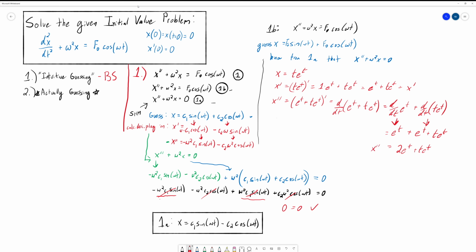And you can notice that because x is t e to the power of t, we're going to have x double prime equals 2 e to the power of t plus x, basically.